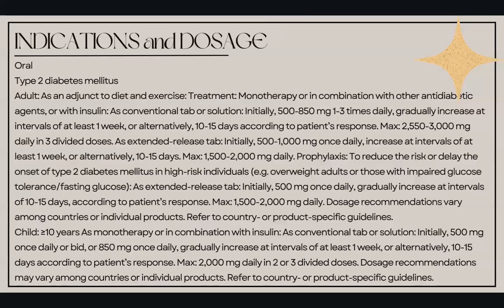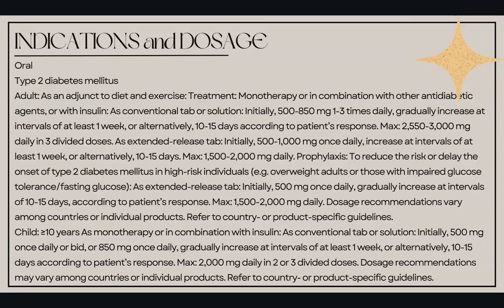For indications and dosage, it is oral, for type 2 diabetes mellitus. For adults, as an adjunct to diet and exercise, treatment is monotherapy or in combination with other anti-diabetic agents or with insulin.